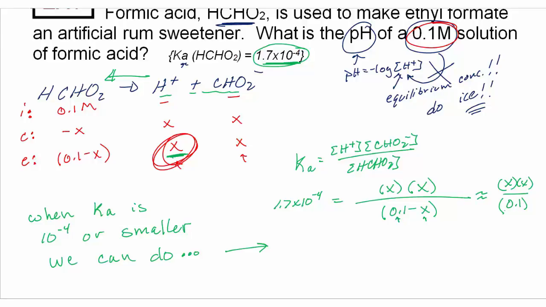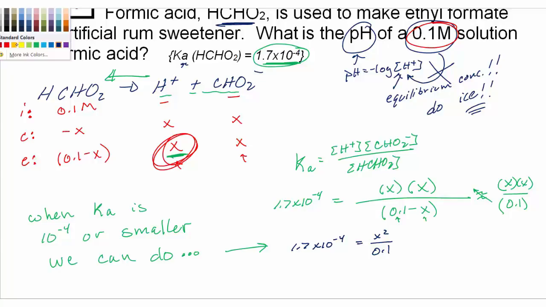So now it's pretty easy to solve. We'll bring 0.1 to the top, take the square root. So it's going to look like this. 1.7 times 10 to the negative 4 equals x squared all over 0.1. Right? So bring the 0.1 to the top, take the square root, and we'll have our x.